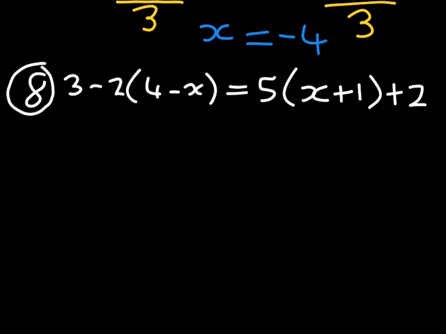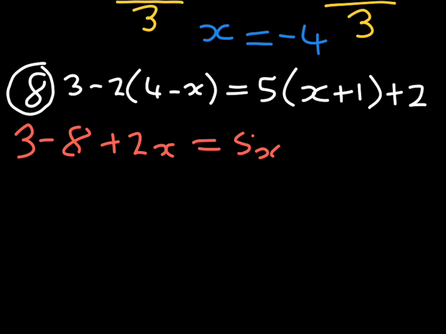So, on the left-hand side, we will have 3 minus 8 plus 2x, because minus 2 times minus x gives us positive 2x.